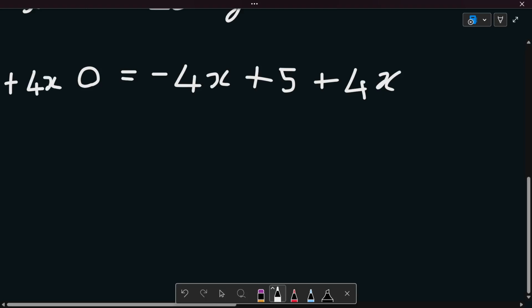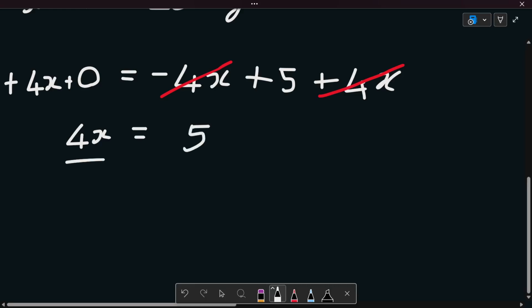So it's going to look like this basically. So obviously this side is then just going to have 4x. And then this is going to be equal to, and then obviously these two can cancel out. Minus 4x plus 4x just gives you 0. And then we have 5 on the one side on its own.